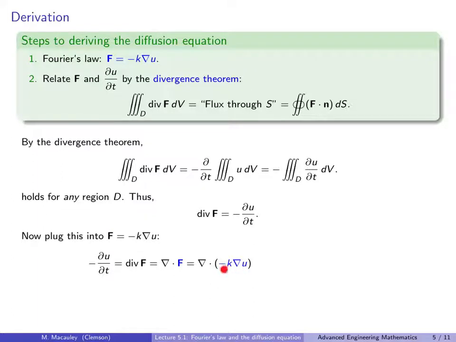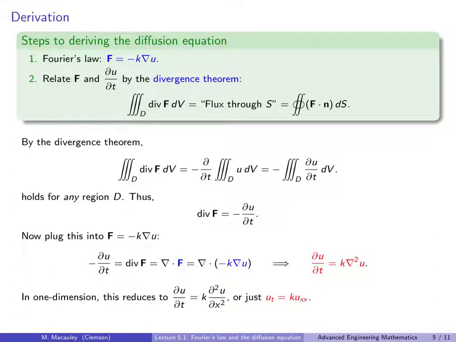So we can pull the negative k out of here. This negative sign cancels with that negative sign, and write this as k del squared u. In other words, du/dt equals k times the Laplacian of u. So that is the derivation of the diffusion equation.